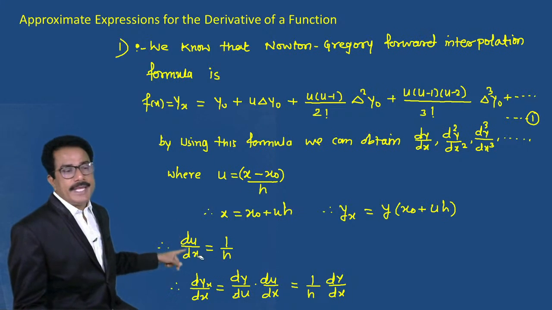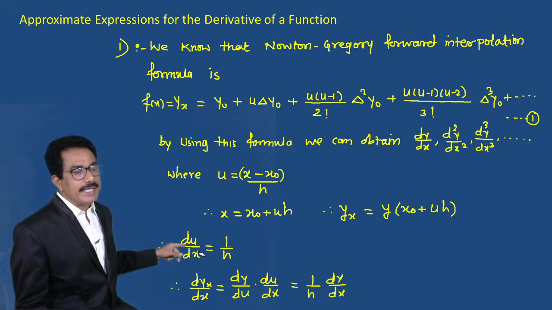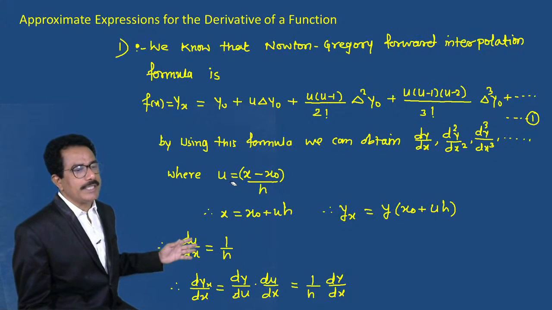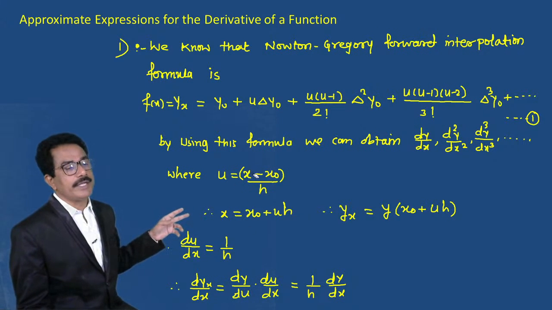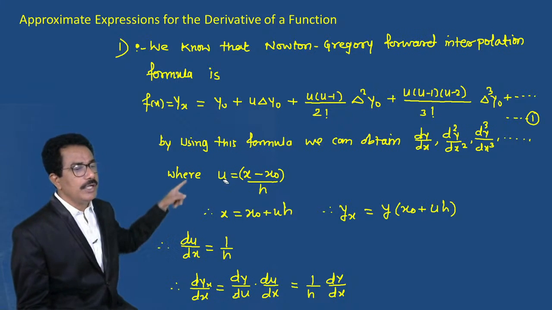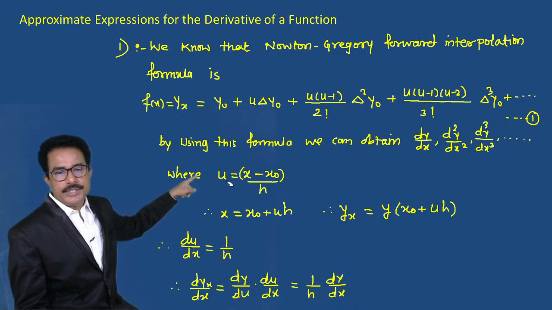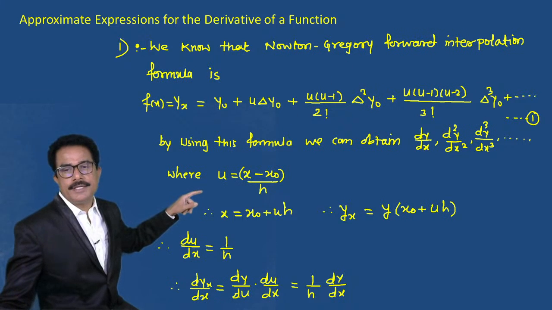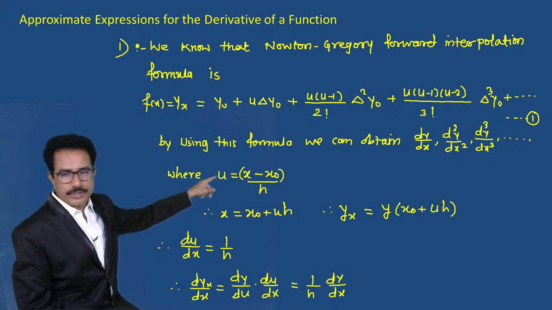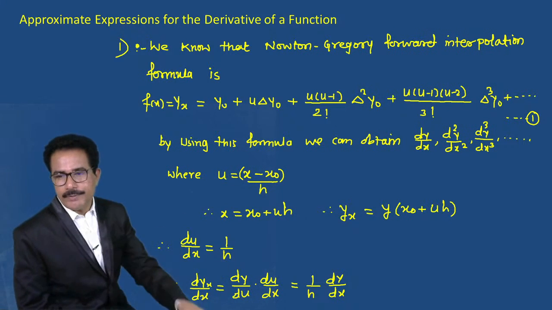Now how will you find du by dx? Prepare the formula for u. The derivative of x is 1, so 1 by h. x0 is a constant, its derivative is 0. So by using du by dx we can find the value according to this relation, u is equal to x minus x0 divided by h.